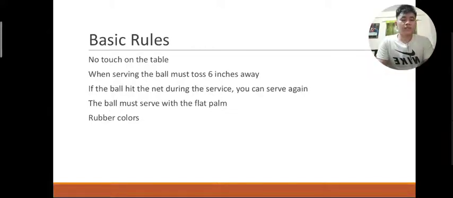The second rule is that when serving the ball, they must toss it 6 inches up, so that the opponent will see that the ball is tossed properly, and you have time to react.